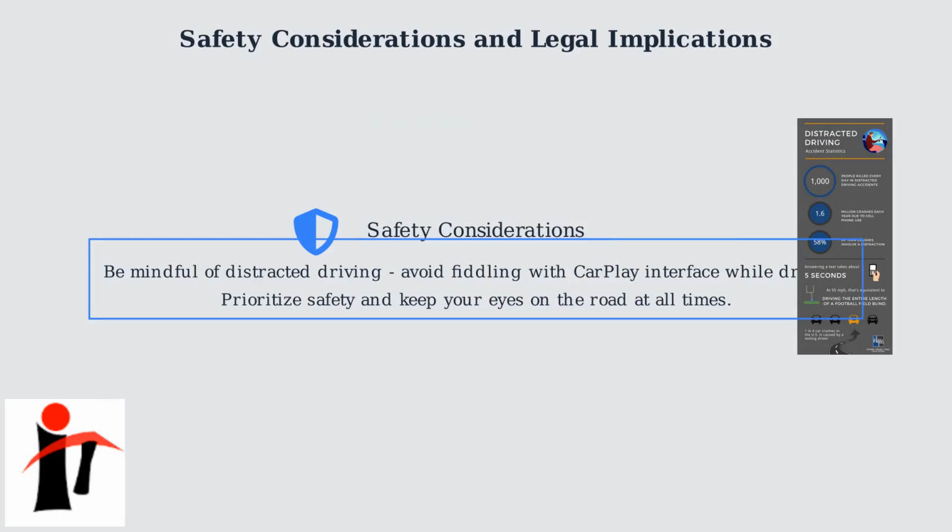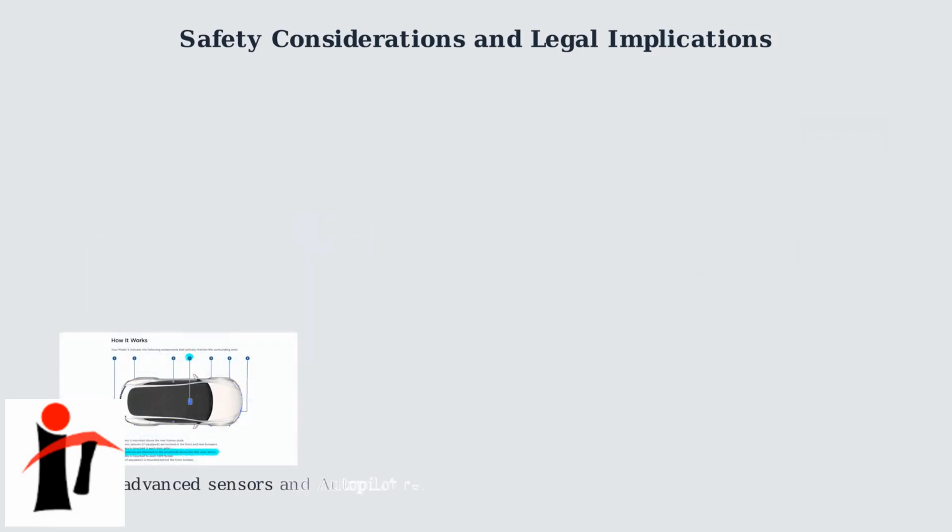Workarounds can create distractions while driving, so avoid interacting with the CarPlay interface excessively. Keep your focus on the road and let Tesla's built-in safety features handle navigation and controls. Remember that Tesla's advanced sensor system and autopilot depend on proper system integration. Unauthorized modifications could interfere with these safety features, potentially compromising vehicle performance.